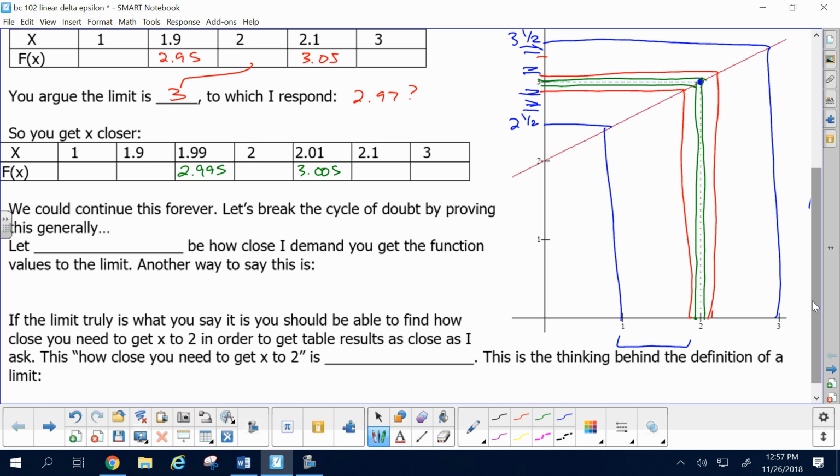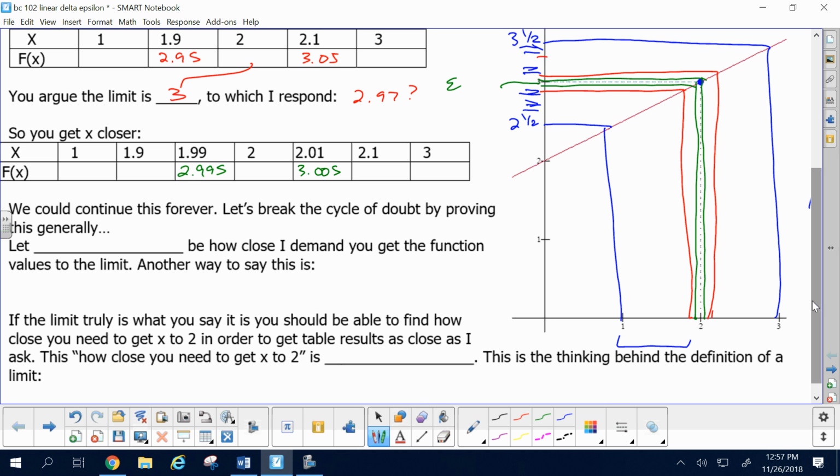This is his idea, okay? His idea was to say, all right, forget the table, forget the numbers. Let epsilon represent any closeness you want that it would take for you to believe that the limit is 3, okay? A trillionth, a billionth, whatever. Epsilon is some arbitrary closeness.